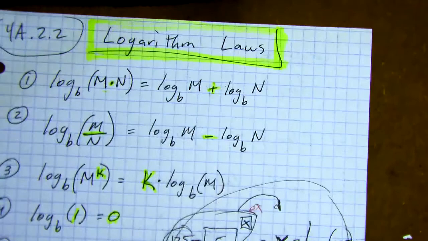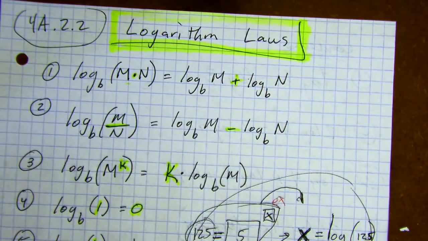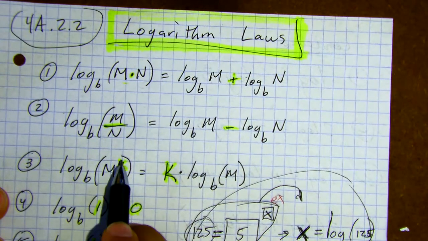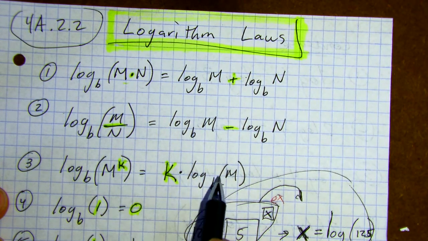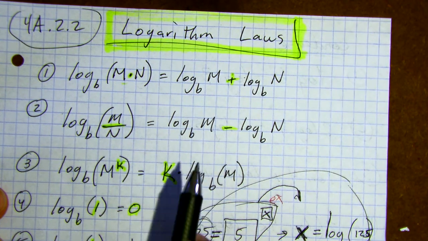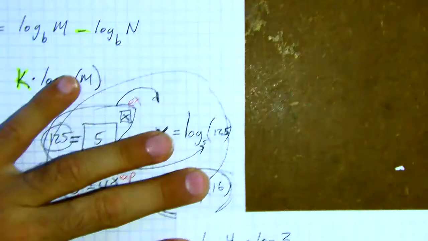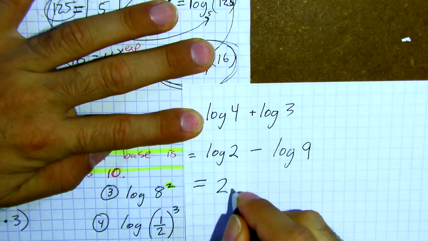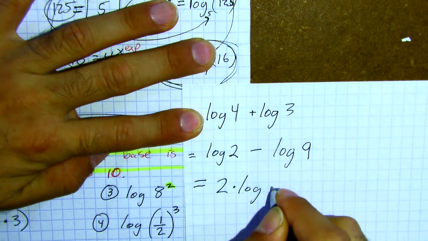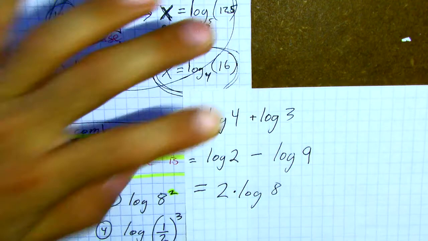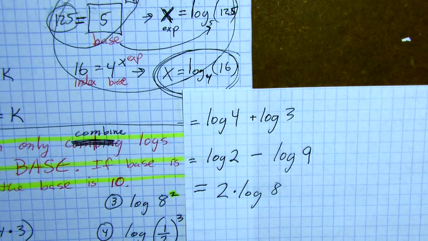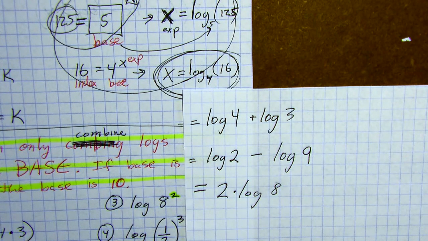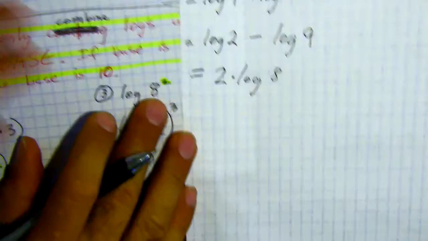But if I'm looking up here at law 3, whatever my index value is, if I have an exponent there, I just throw it out in front. So you can see we're just learning these slowly, because when we get down to solving, you want to be able to do all these as you go. 2 times log base 10 of 8. So log 8. 2 log 8. Easy.